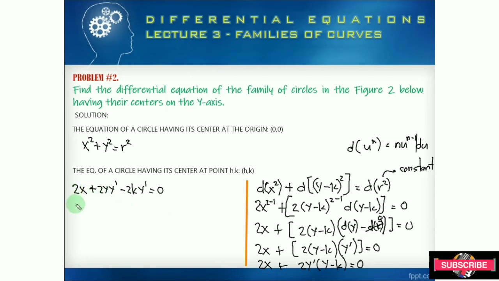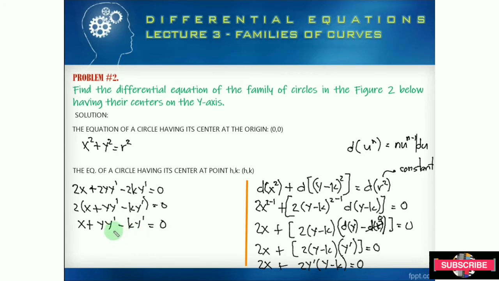So we move out these two, so x plus y prime minus k y prime is equal to 0.